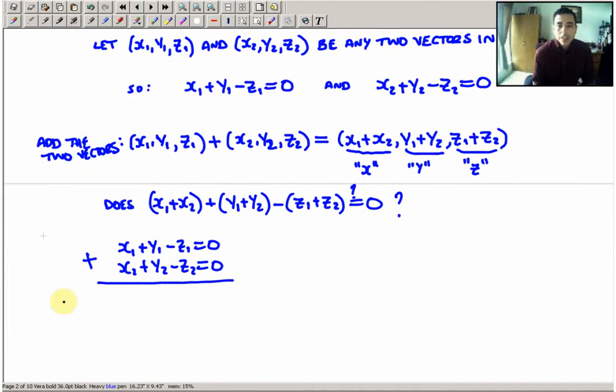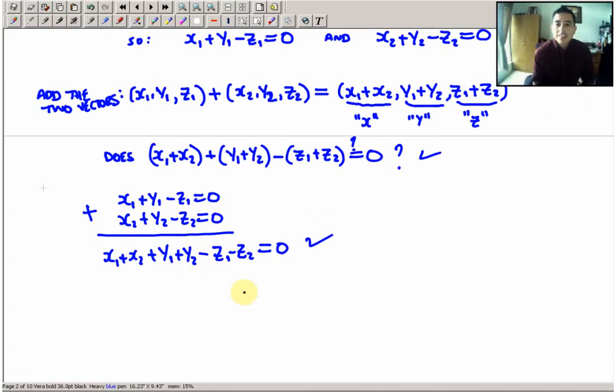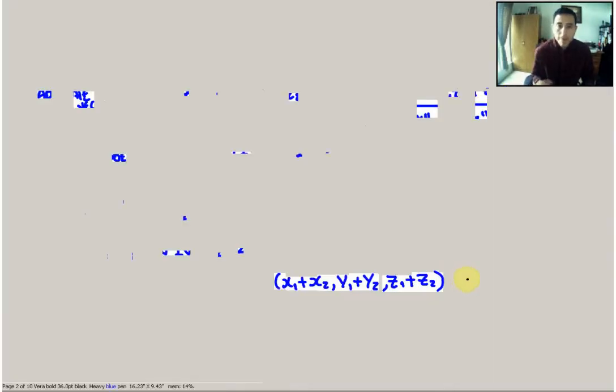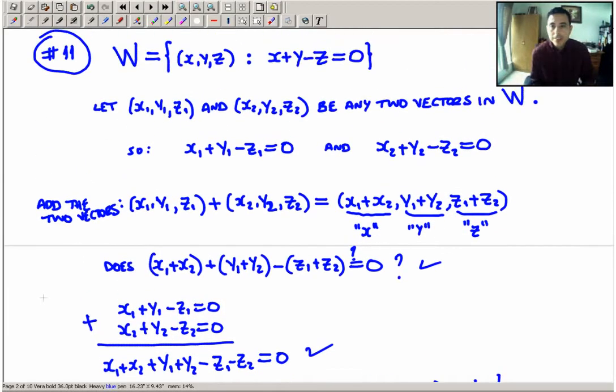If we do that, that's what we get: x1 plus x2 plus y1 plus y2 minus z1 minus z2, and on this side is 0. So yes, this is okay. So this sum is in W. Now what we have to do is check the second condition.